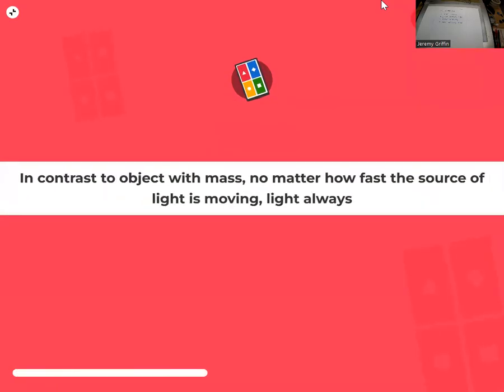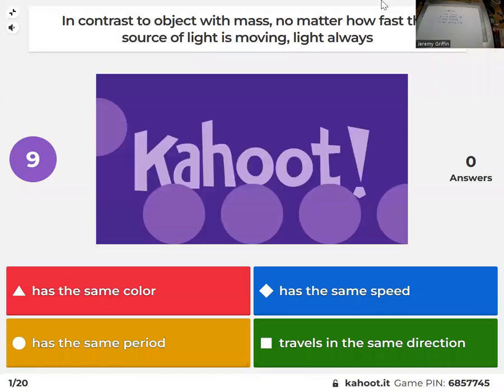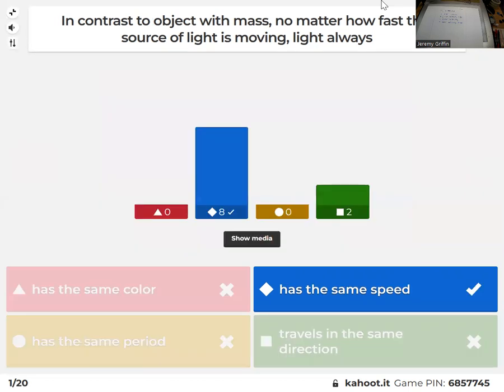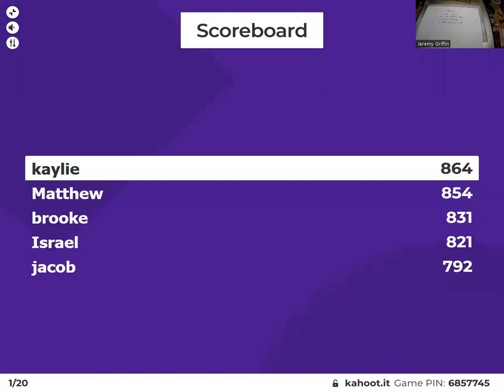In contrast to an object with mass, no matter how fast the source of light is moving, light always has the same speed, right? 3 times 10 to the 8 meters per second. That's related to that Michelson-Morley experiment I told you guys from the 1880s, right? Light has the same speed no matter what, regardless of the speed of the observer.